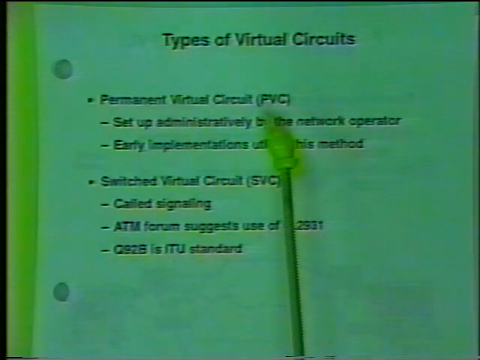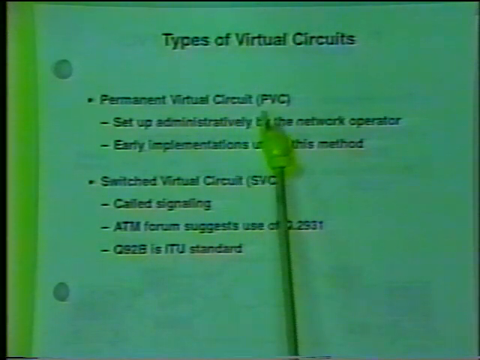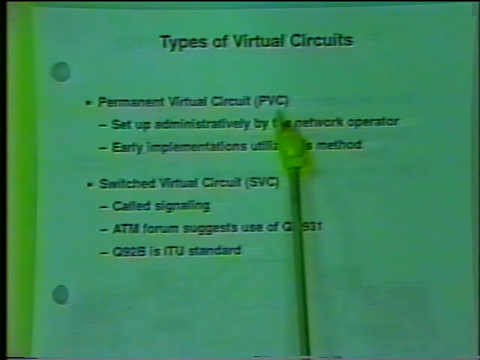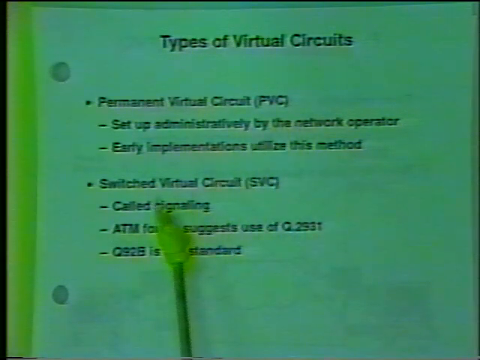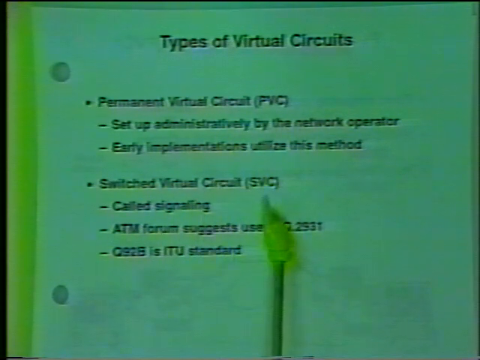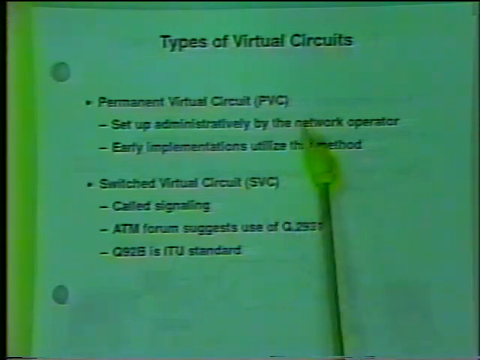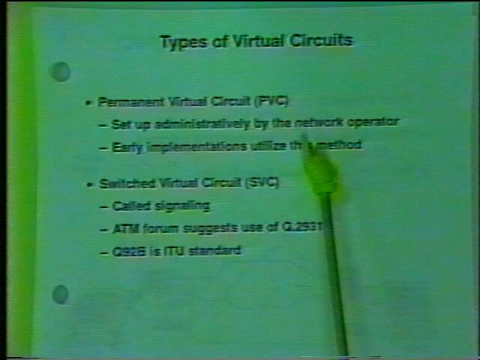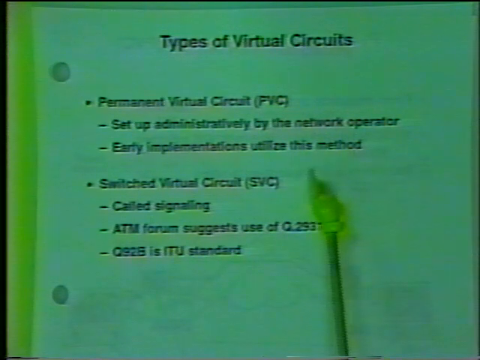The first type is the permanent virtual circuit, or the PVC, and the second type is a switched virtual circuit, or an SVC. The PVCs are set up by system administrators, and it's usually used in early implementation. Currently, Cray Research only supports PVCs, or permanent virtual circuits.